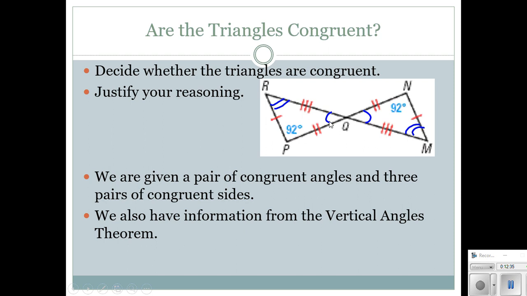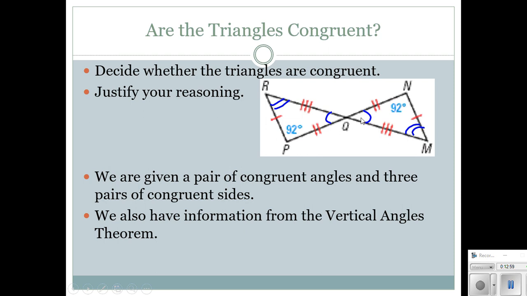So in order for two triangles to be congruent, all 3 corresponding angles need to be congruent, and all 3 corresponding sides need to be the same. They need to be congruent. So with this information, if this is 92, this is 92, right? That's congruent, angle 1.